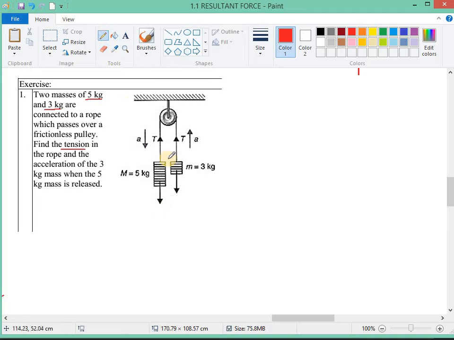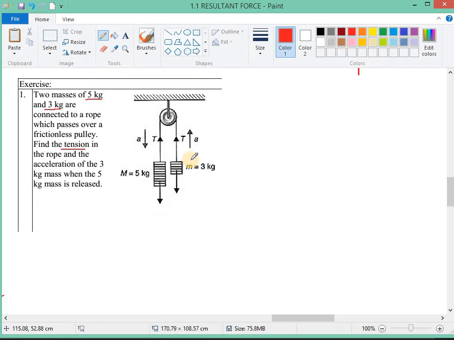So this 5 kilogram has larger weight than the 3 kilogram. The force pulling downward here is larger than the force pulling downward on the 3 kilogram, so the weight of the 5 kilogram will overcome the weight of the 3 kilogram and make the 3 kilogram accelerate up.